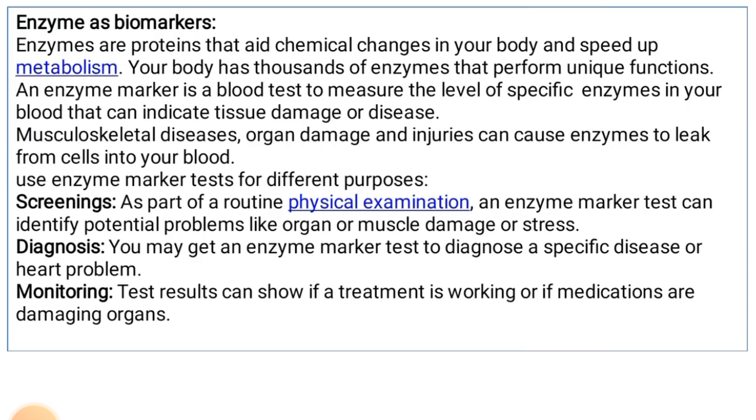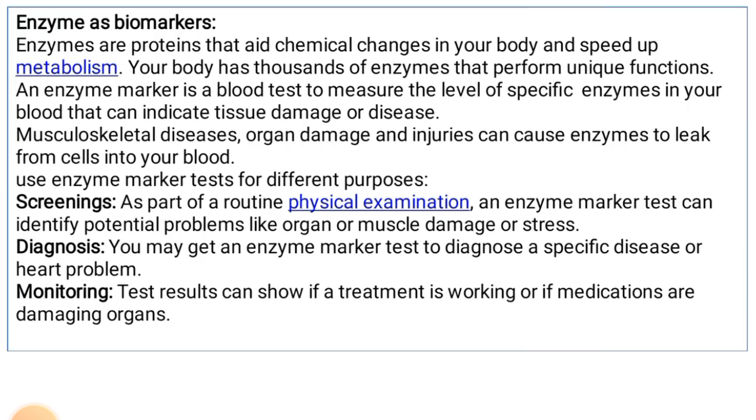Musculoskeletal diseases, organ damage and injury can cause an enzyme to leak from the cell into your blood. So if there is some heart injury or liver injury, these enzymes come from the liver into the blood. When these enzymes are present in higher concentration in the blood, that indicates there is some liver injury in that body.